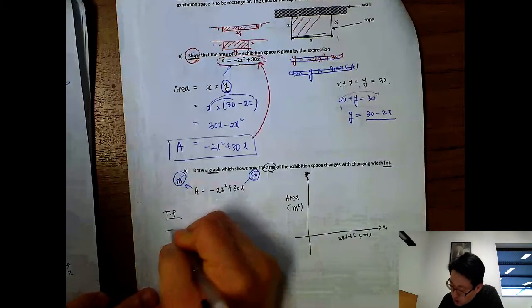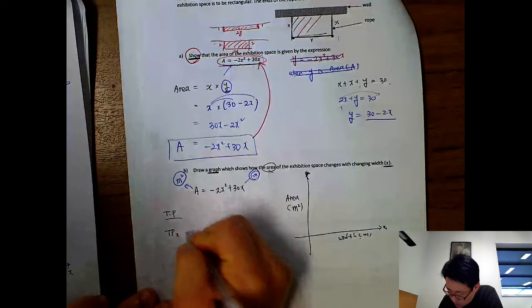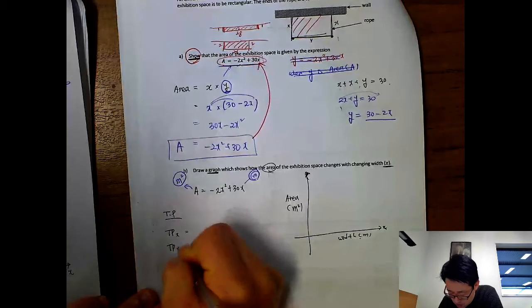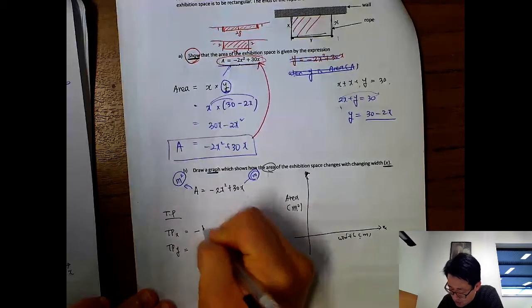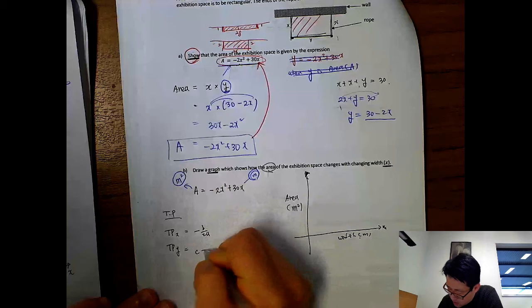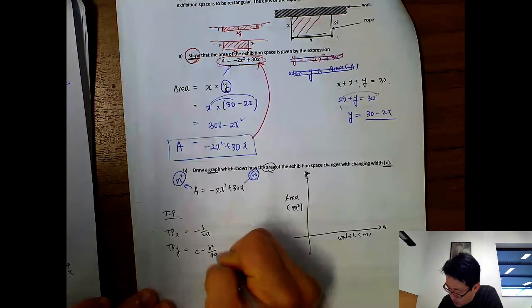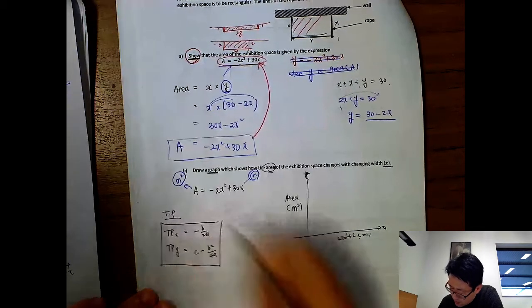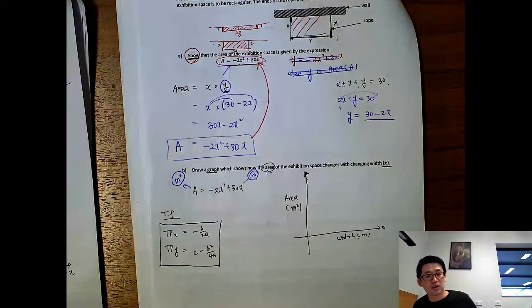So turning point form: x equals minus b over 2a, and y equals c minus b squared over 4a. Remember that? We've done that before, wasn't it? Go and check that.